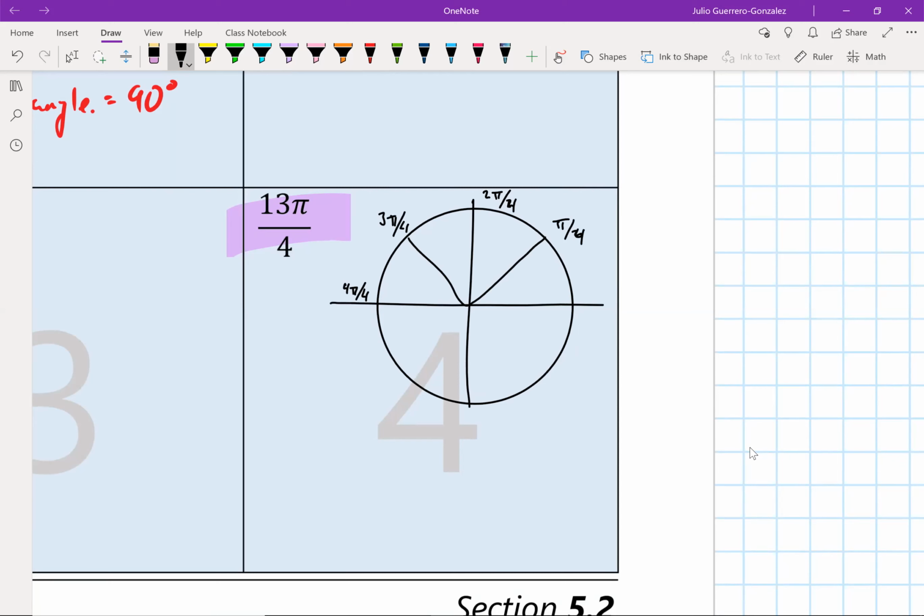So all the way around is 8 pi over 4, 9 pi over 4, 10 pi over 4, 11 pi over 4, 12 pi over 4. Let me do one more. 13 pi over 4.